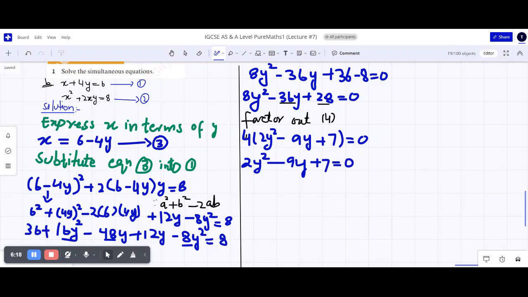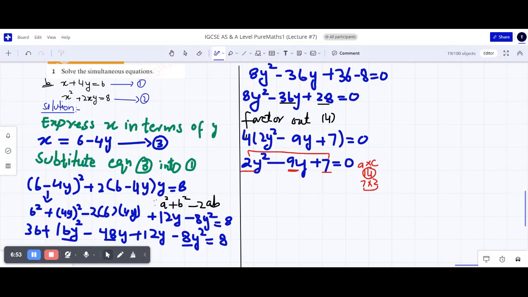Now we will do the factorization. We have to multiply the first and last values, which gives 14. Here a is the coefficient of x squared or y squared, b is the coefficient of x or y, and c is the constant, so we multiply the coefficient of y squared with the constant.